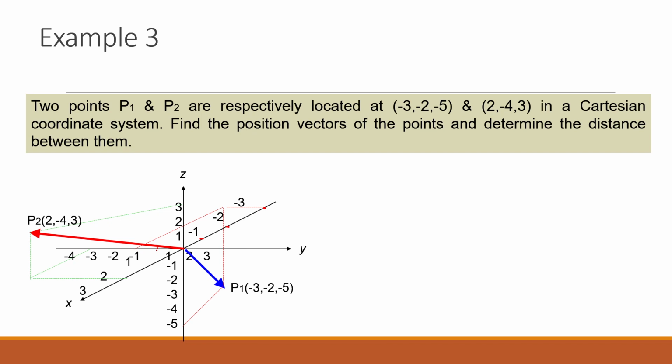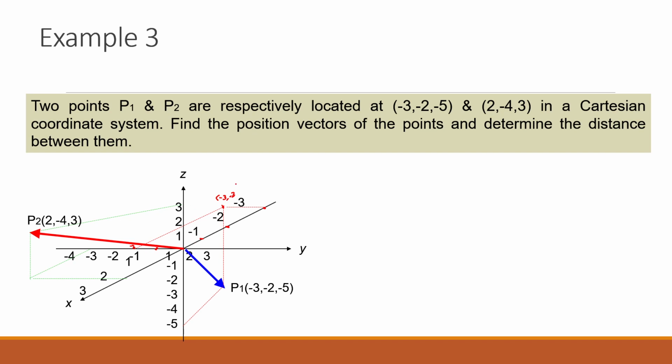So this is -1, -2 here. From this -2, you draw a line parallel with the x-axis. This line and this line intersect, and this point is -3, -2.